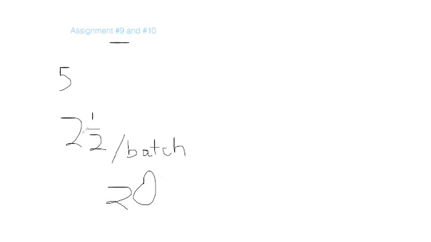So how many cups of flour is she going to use? If she uses 2.5, so basically it's 2.5 five times. 2.5, and another 2.5, and another 2.5, or you can do 2.5 times 5, whichever is easier for you guys.